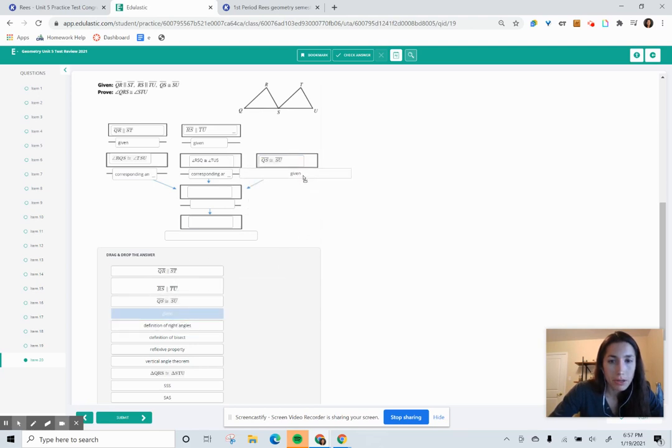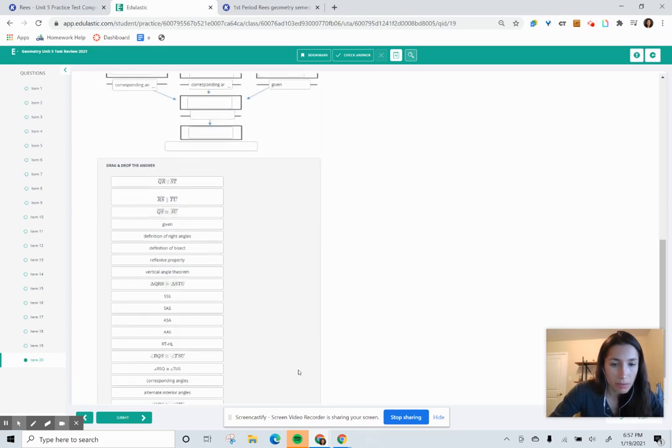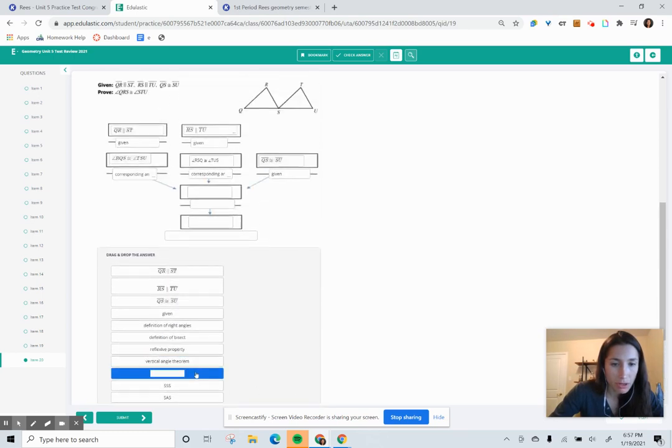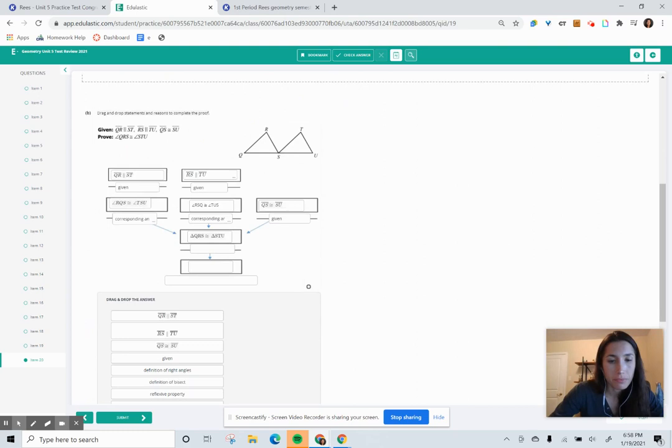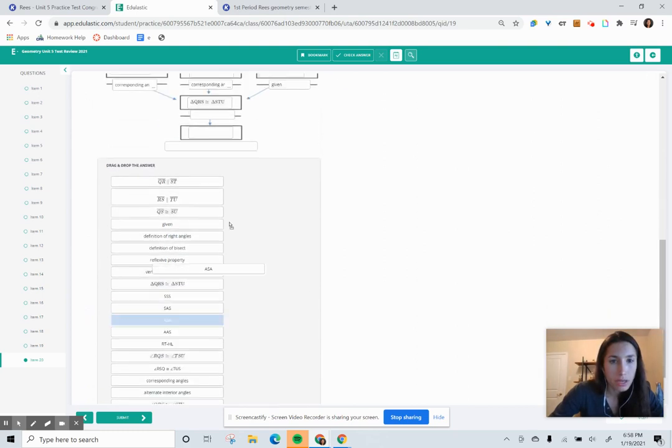And then based on the marks that we had on our diagram, we should be able to prove the triangles are congruent first. So let's pull out a triangle congruent statement. The triangles are congruent because, remember, the marks in our diagram are angle, side, angle. So we'll drag up angle, side, angle. And then therefore the parts would also be congruent.